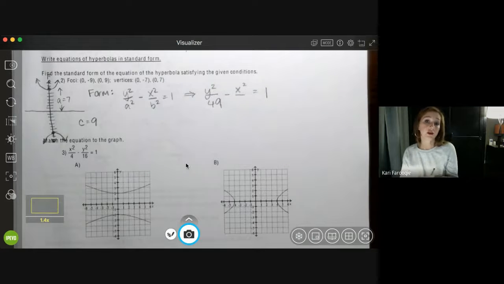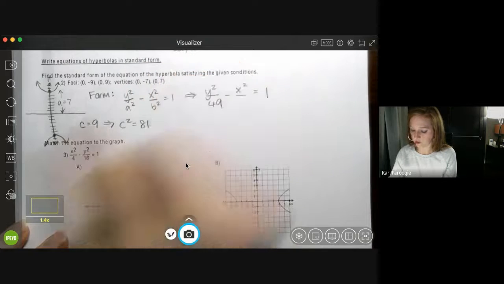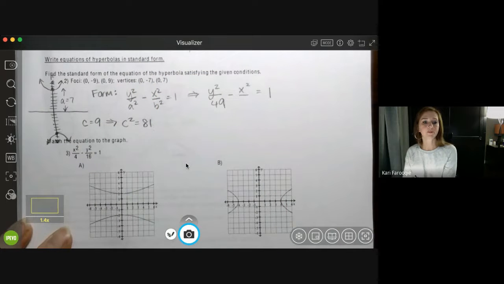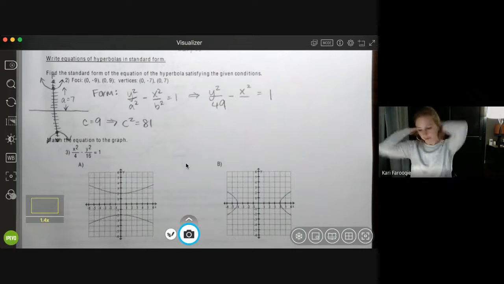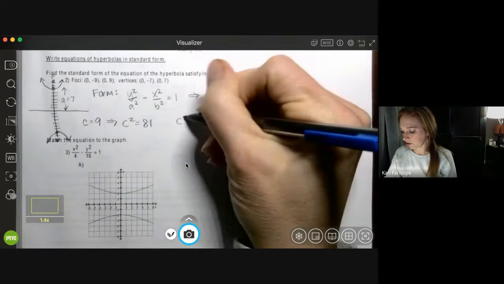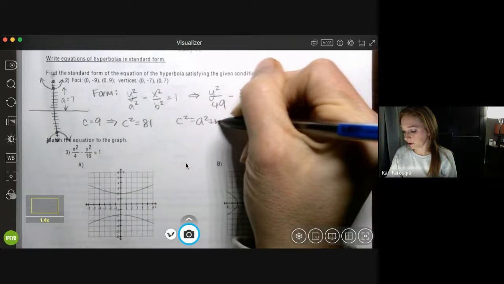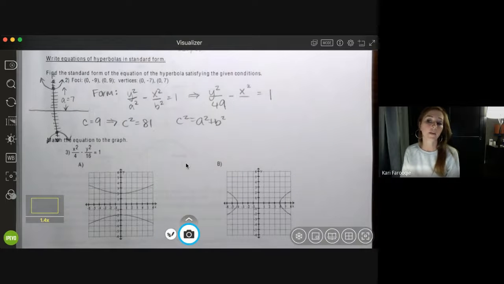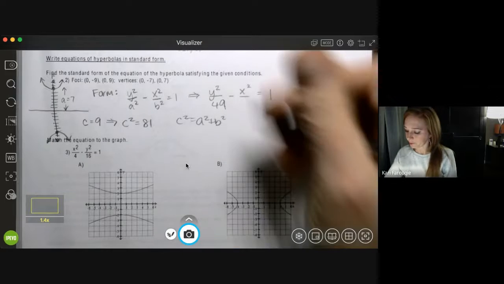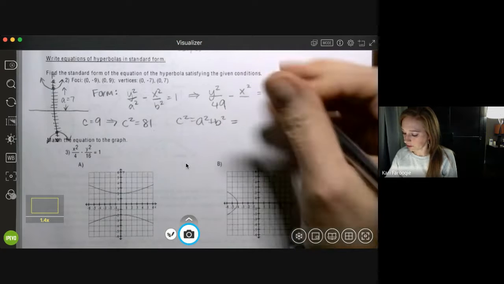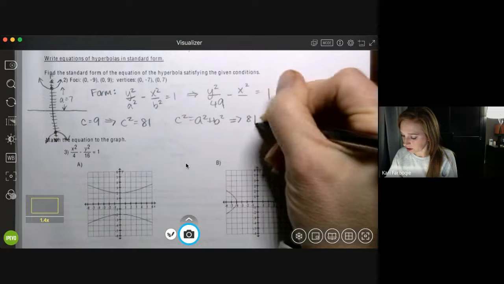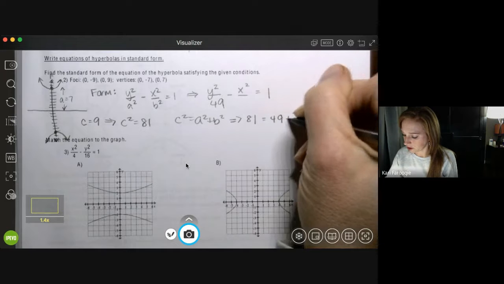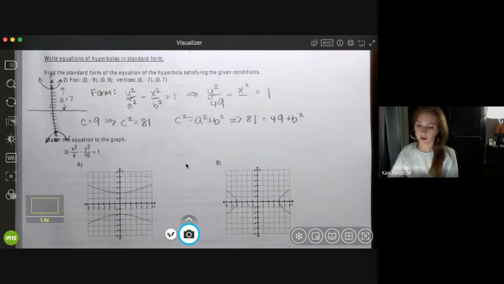Now, if you know that C equals 9, you know that C squared is 81. And we also know that C squared is A squared plus B squared for a hyperbola. So we now can write down that we have 81 equals 49 plus B squared.